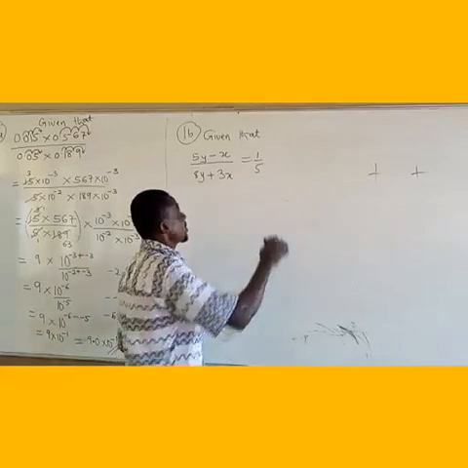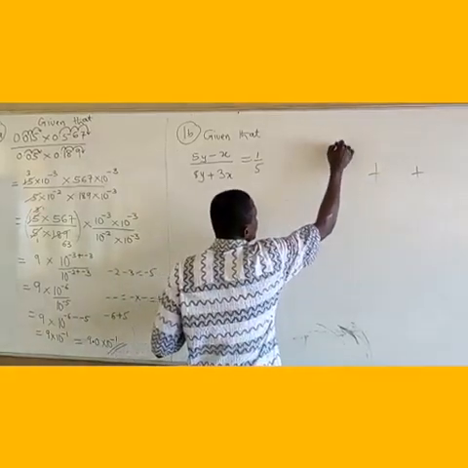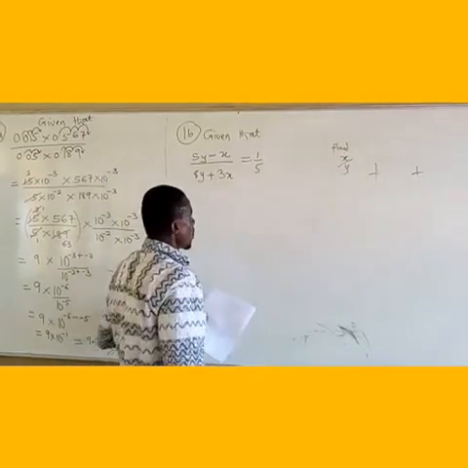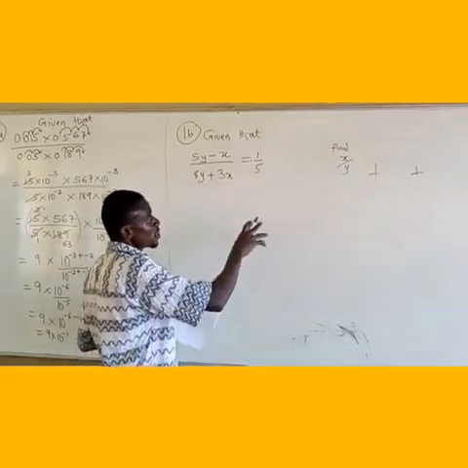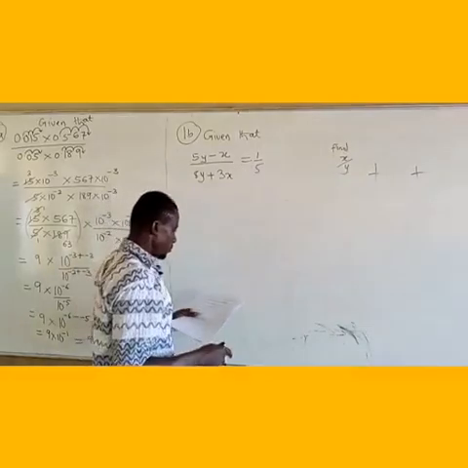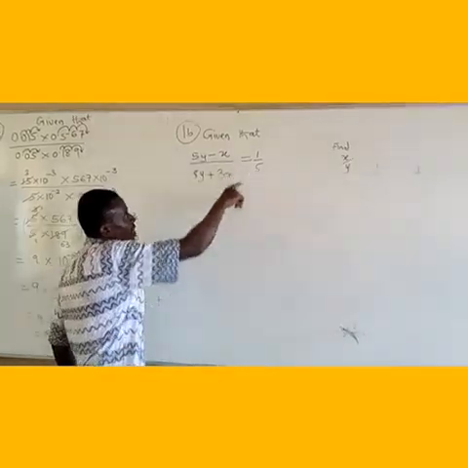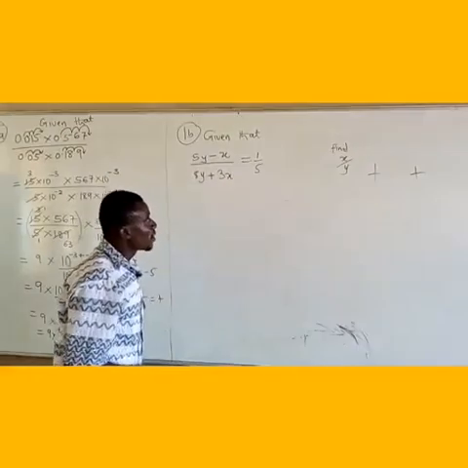So we have to find x over y. This is what we have to break down, rearranging the equation so you get x over y. Now, to solve this, we cannot solve for x and solve for y separately.